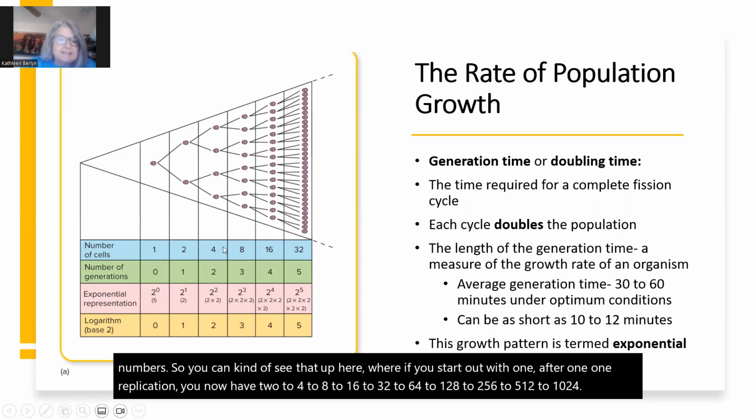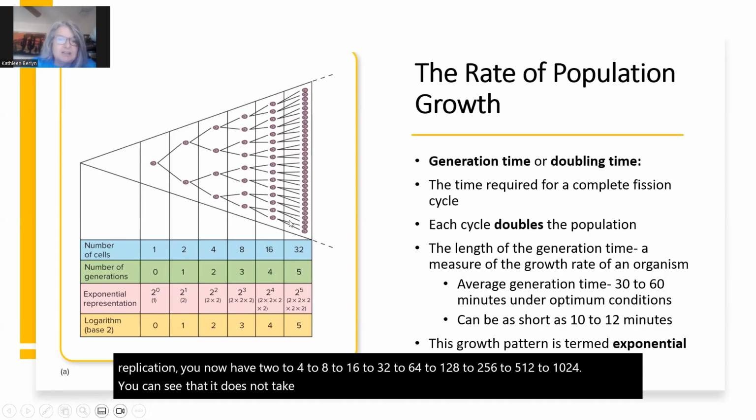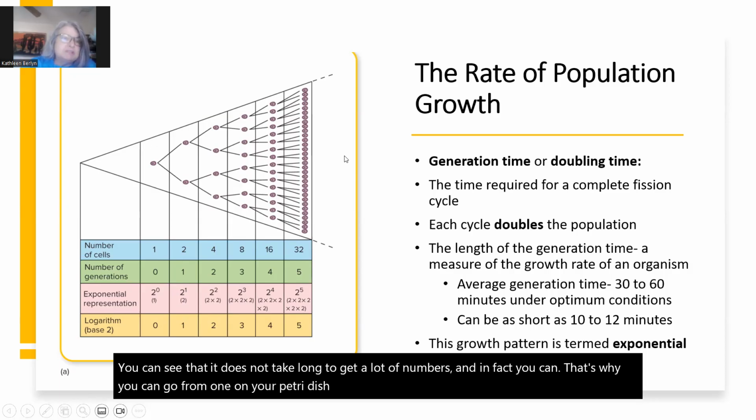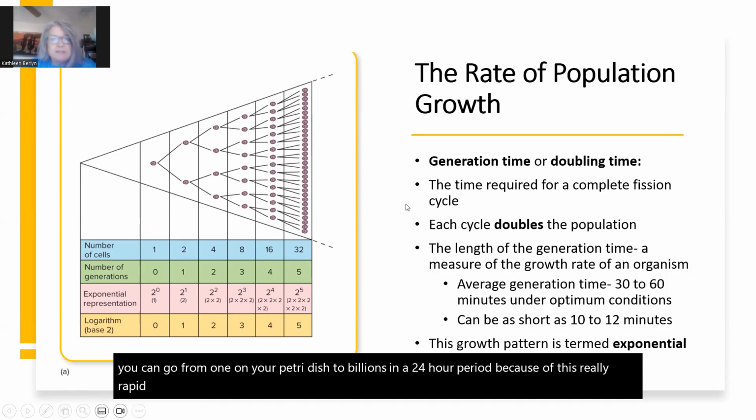You can see that it does not take long to get a lot of numbers. And in fact, that's why you can go from one on your petri dish to billions in a 24-hour period, because of this really rapid ability of the bacteria to grow. And again, we refer to that as a generation time or a doubling time.